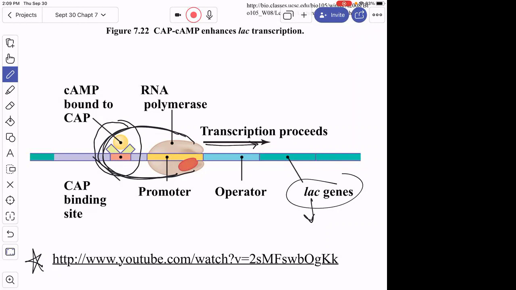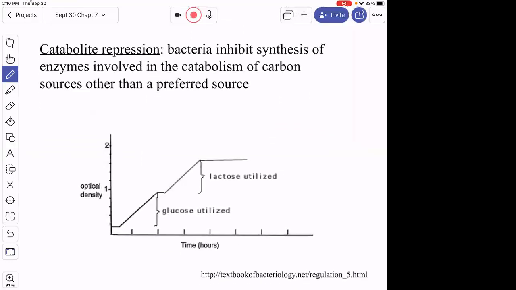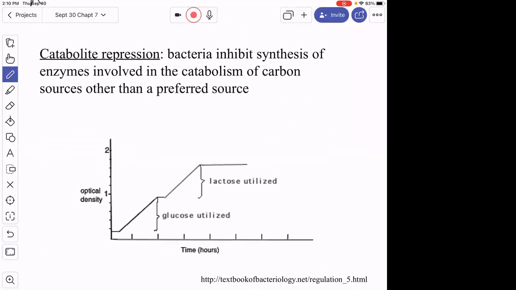Okay, good. All right, so what evidence do we have that the Lac Operon is under both of those methods of control? Well, if we inoculate a test tube with some bacteria and the media has both glucose and lactose in it, sorry, my handwriting's bad there.